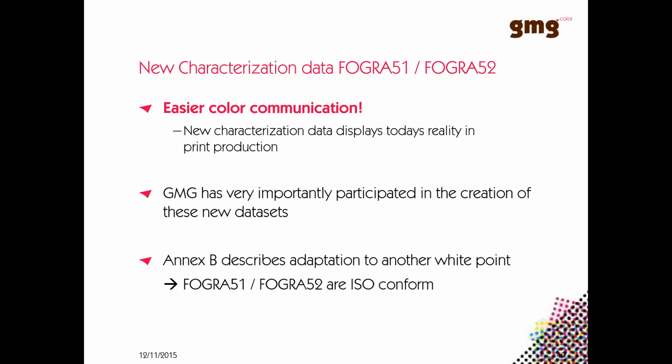FOGRA51 describes OBA papers as they are, as blue as they are, and the typical daylight, even at the window, for example, would excite the optical brighteners in papers. And as this is already described in FOGRA51 as well as in FOGRA52, this is a big step forward in quality of color communication in pre-press and in the press room.